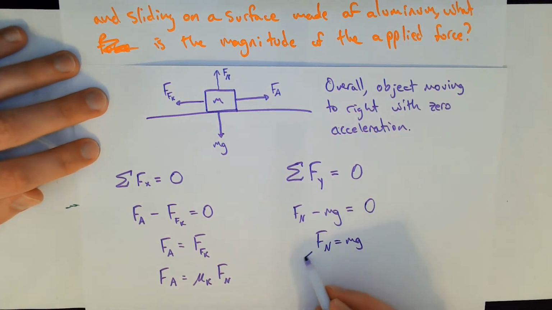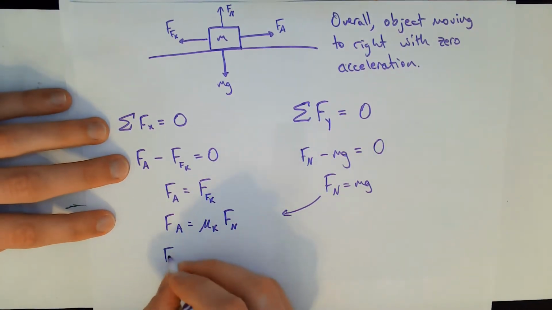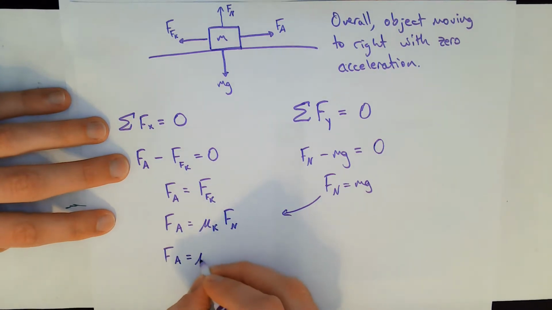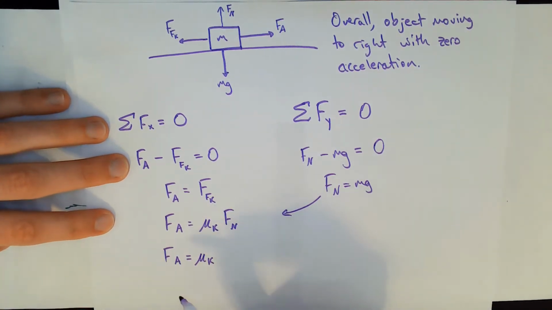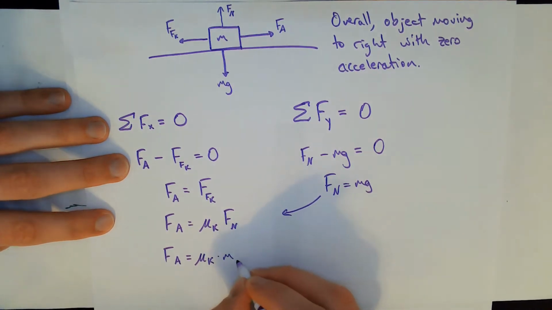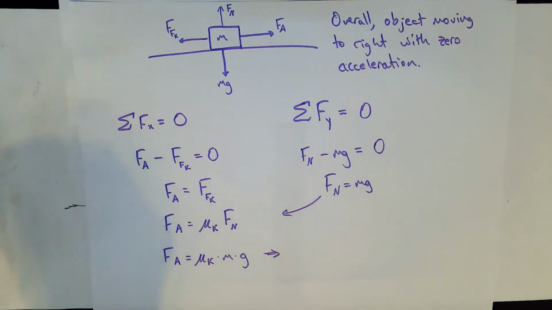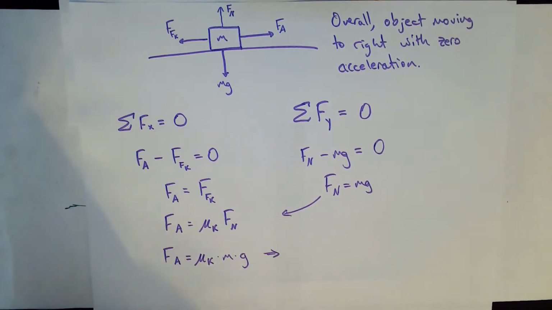Put that in there, and I have my applied force is going to be equal to the coefficient of kinetic friction between aluminum and steel times my normal force, which is m times g. And I have to go look up that coefficient of kinetic friction.